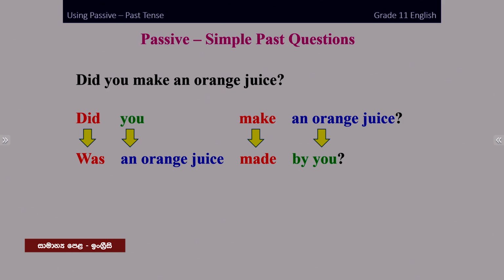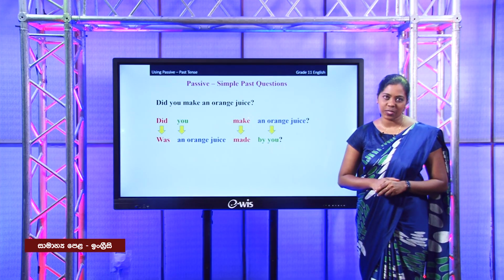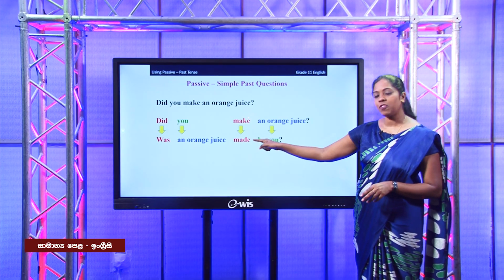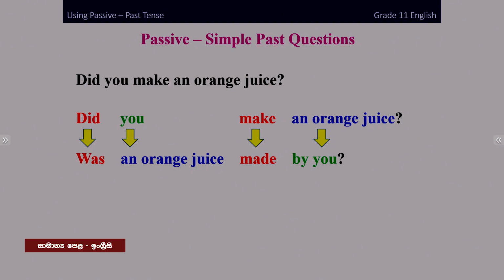In the active sentence, we used did to ask the question, and now in the passive form, just like in the previous activity, we are using was instead of did, right? So, did you make an orange juice has been changed into was an orange juice made by you.